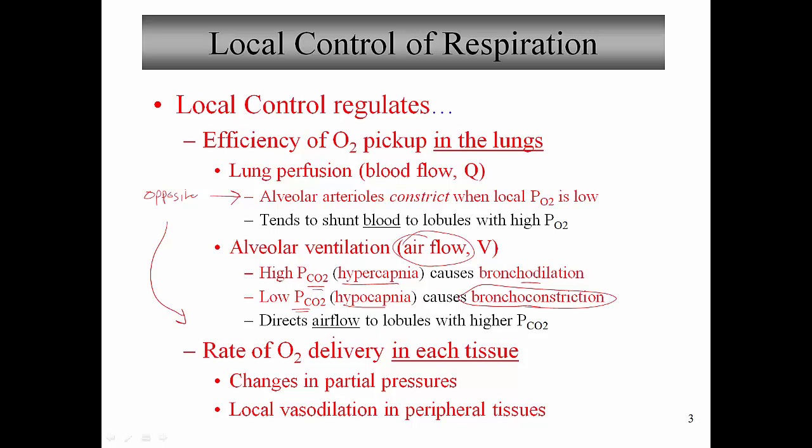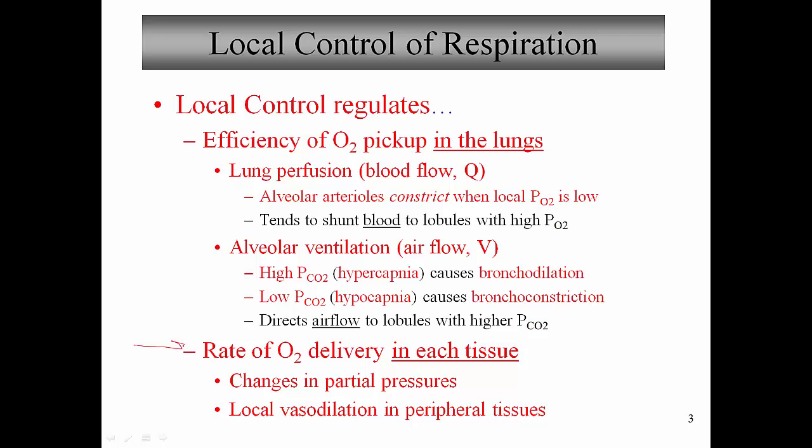Okay, so what this basically does is direct airflow to lobules that have a higher PCO2. On the other hand, what we do with the blood is we direct the blood flow to lobules that have a high PO2. This is what we characterize as the ventilation perfusion coupling in the lungs, and this is how we govern the oxygen pickup efficiency within the lungs.